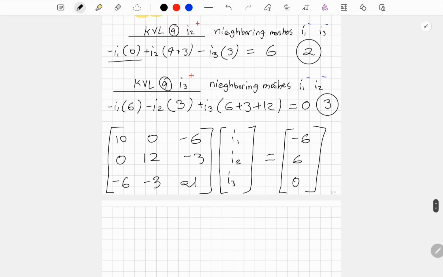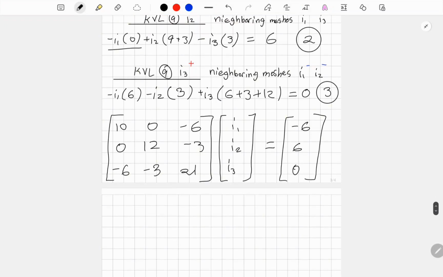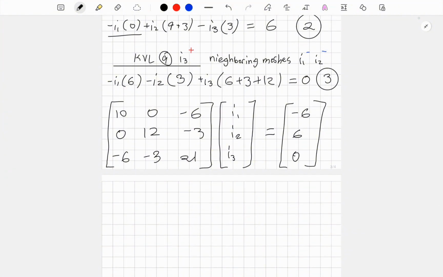And now I just have to solve this matrix for the reduced row echelon form. I'm just going to be using a matrix calculator, and you'll get our answer.